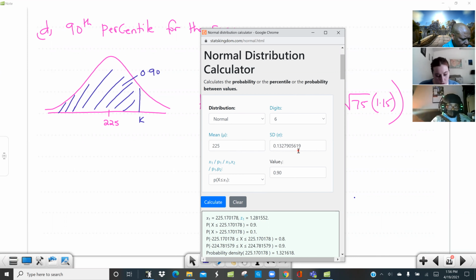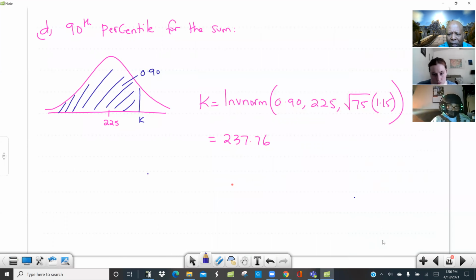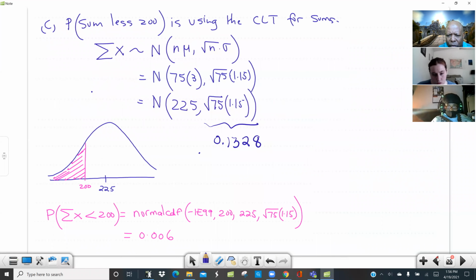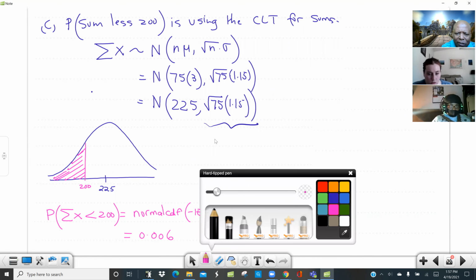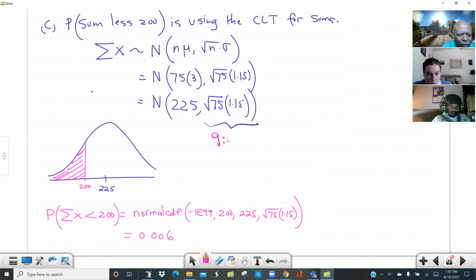And 1.15 times the square root of 75 is, oh man, I think I messed it up here. I don't think this is true. When I multiply 1.15 by root 75, this is not what I get. I think this is 9.9593. I think I was dividing instead.